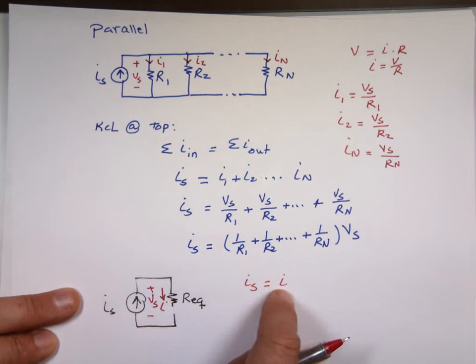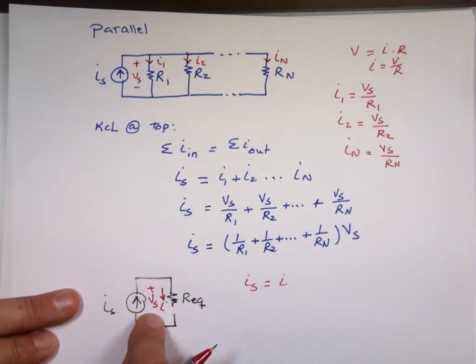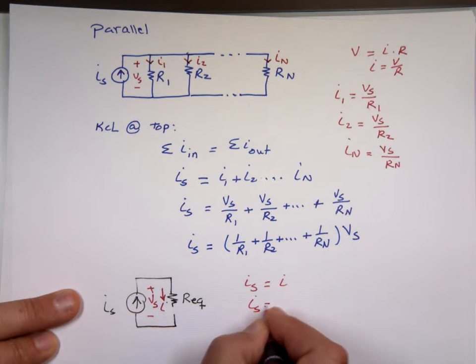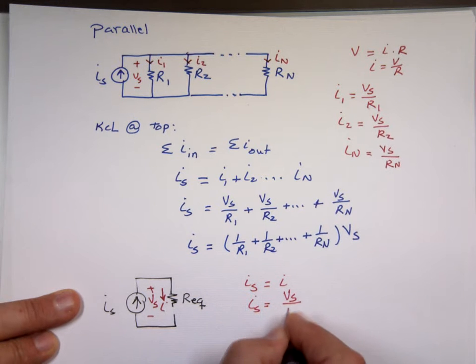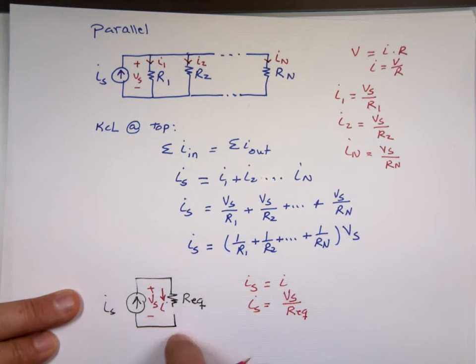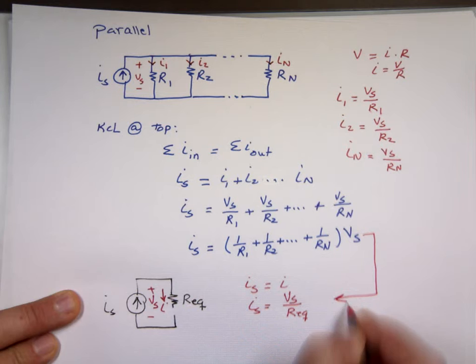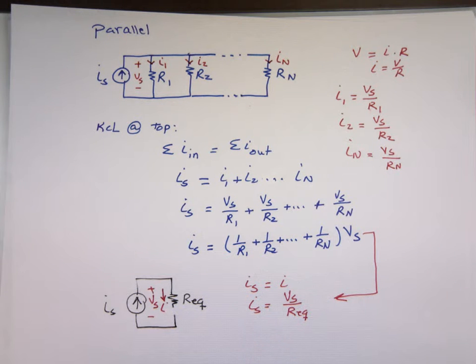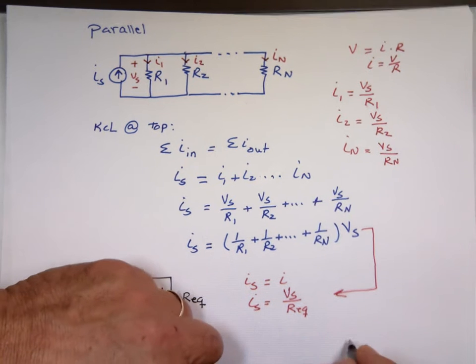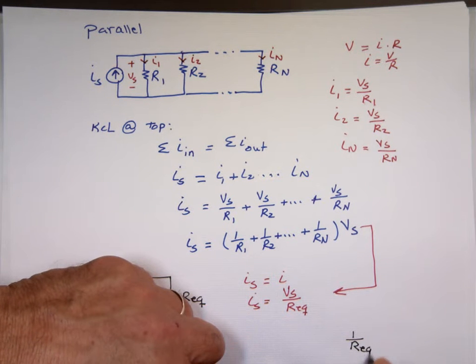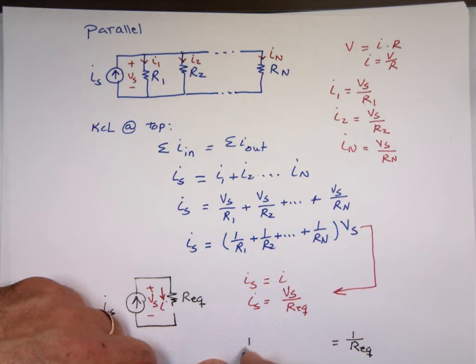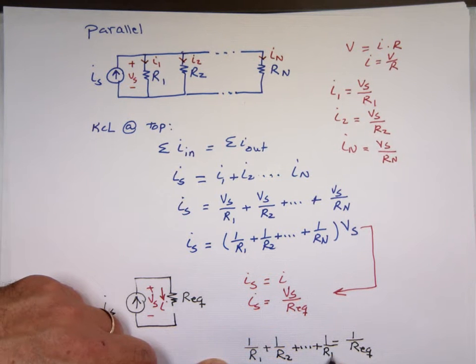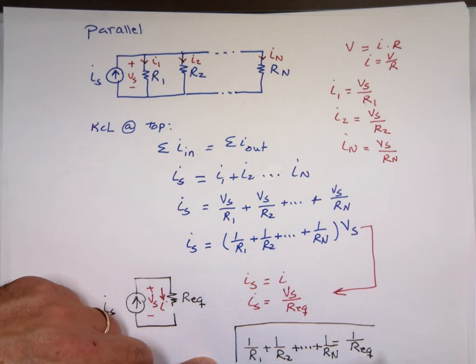And let me write the current out in terms of the voltage and the resistor. So I sub s equals Vs over R equivalent. This voltage divided by that resistor. And again, if these two are equal to each other, that tells me actually, just by looking at the math, 1 over R equivalent has to equal 1 over R1 plus 1 over R2 plus 1 over Rn. That's how we find the equivalent of resistors when they're connected in parallel.